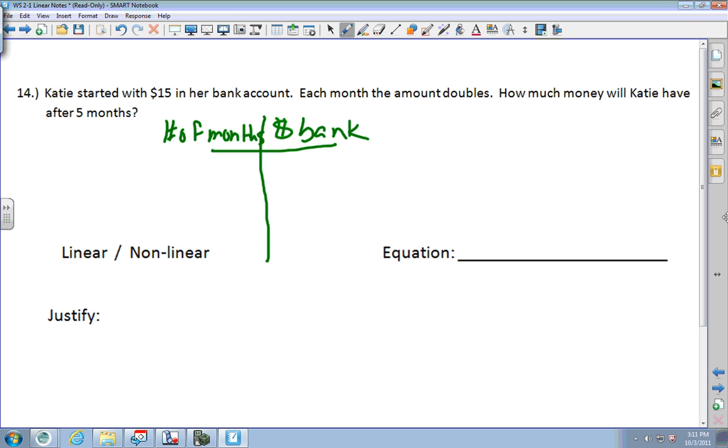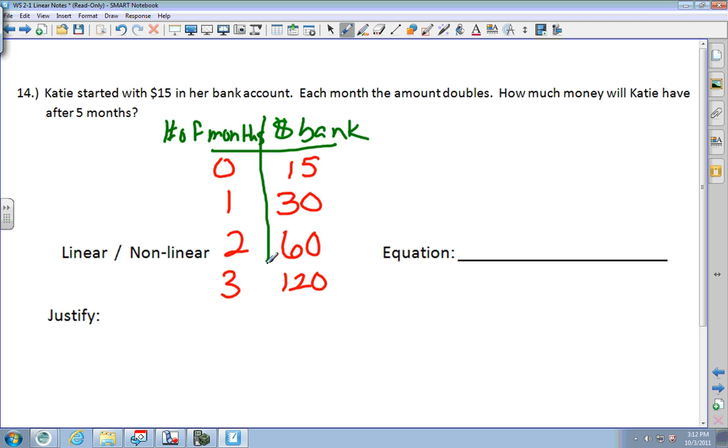Well, first off, she starts off at 0 months with $15 in the bank. After 1 month, her money doubles. That means this goes to 30. The next month, this doubles again. That goes to 60. Well, the third month, if this doubles, it goes to 120.